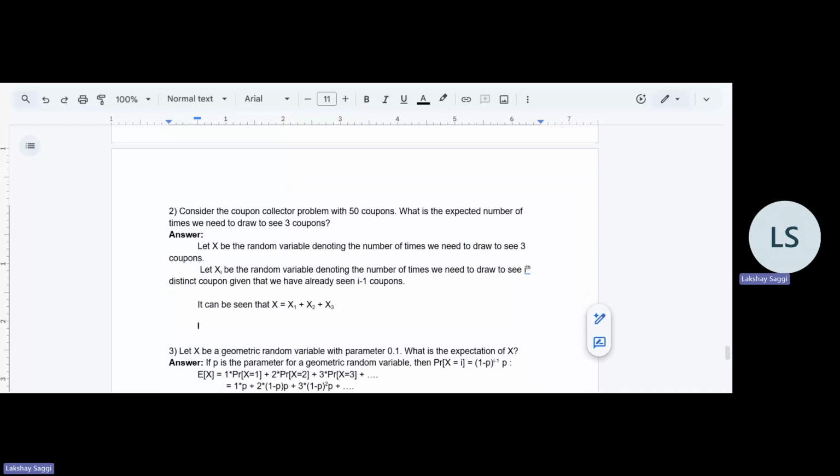And what one can also say about this problem is, what will be the expectation of xi?